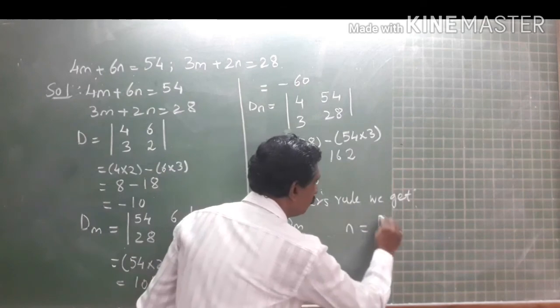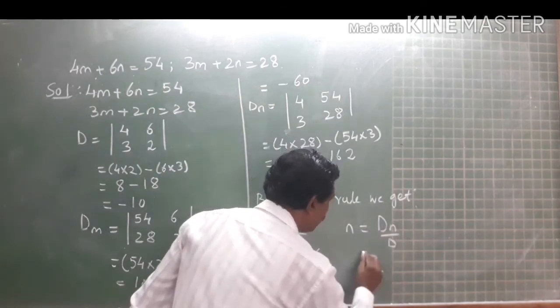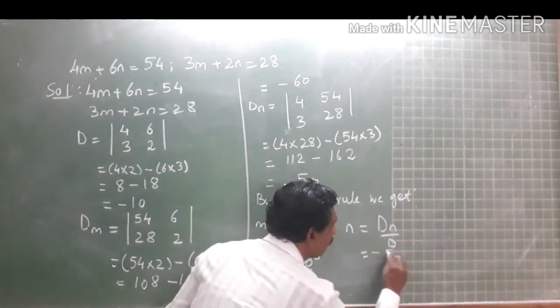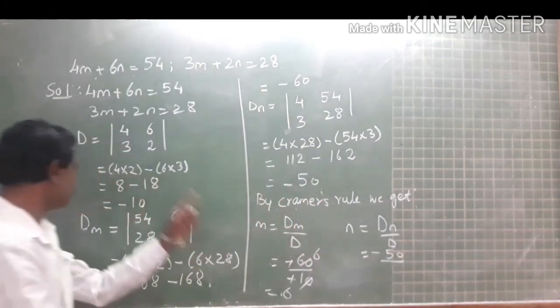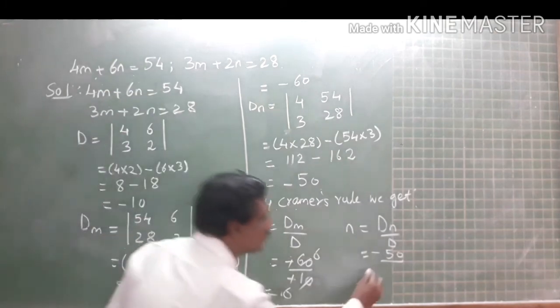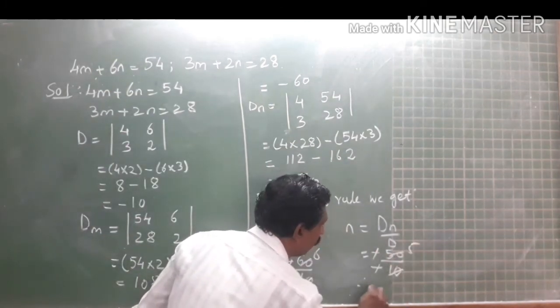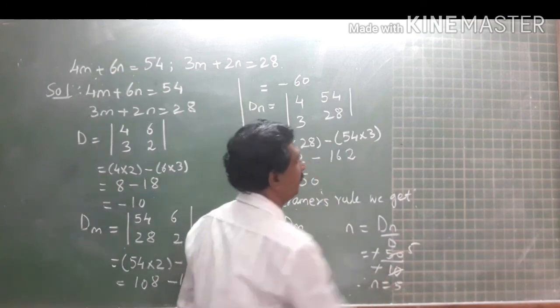n is equal to dn upon d, which is equal to, what is the value of dn? Minus 50 upon, what is the value of d? Minus 10. Minus 10 5s up. Therefore, n is equal to 5.